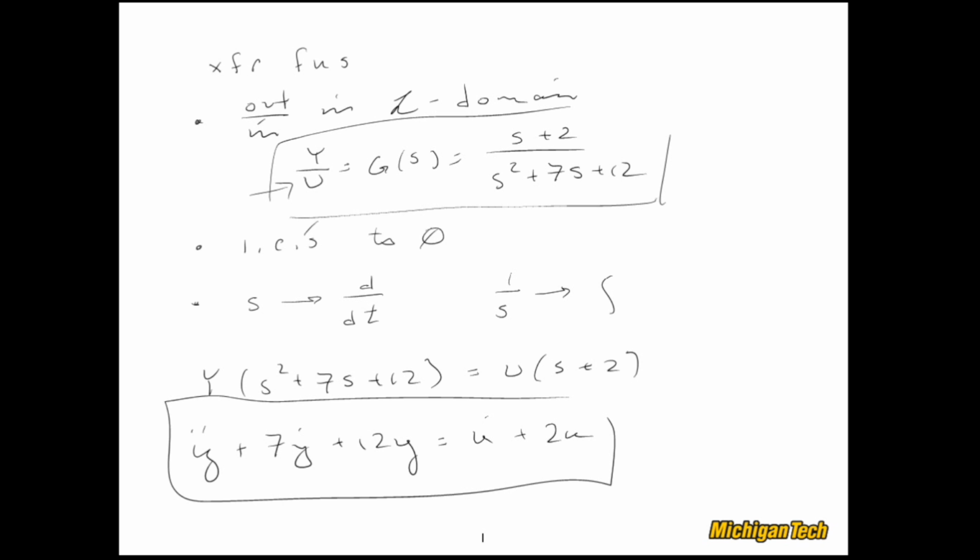Now, from a terminology standpoint, when we're working with transfer functions, we define what are called the zeros as being the roots of the numerator, and its poles are the roots of the denominator.